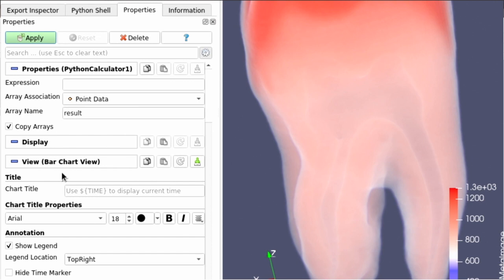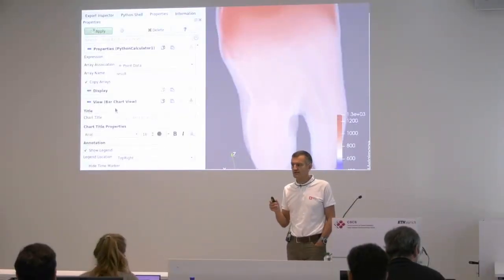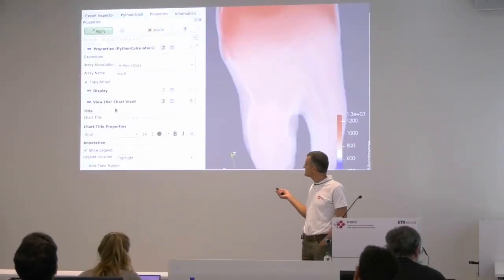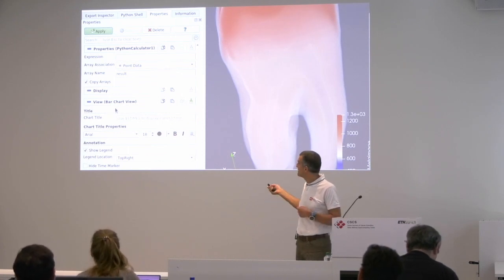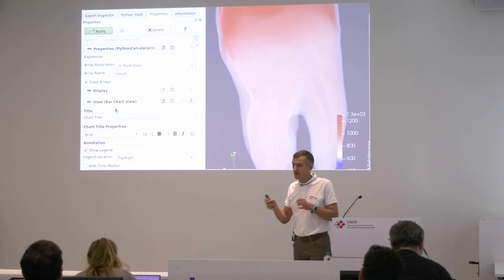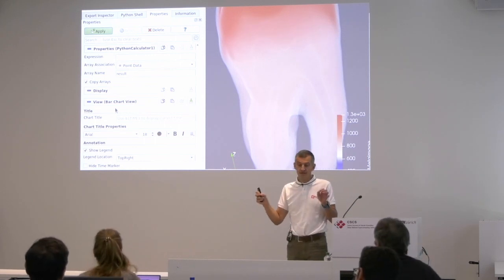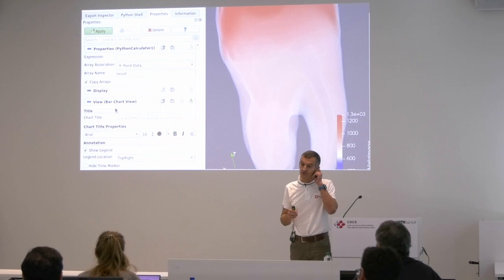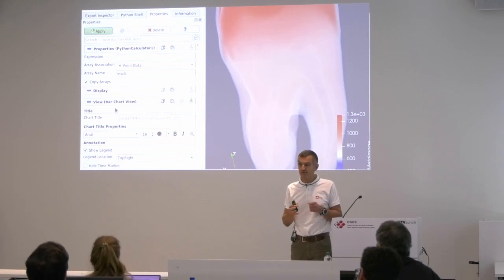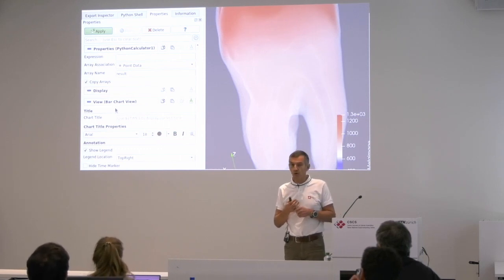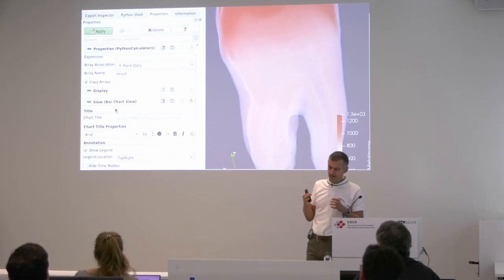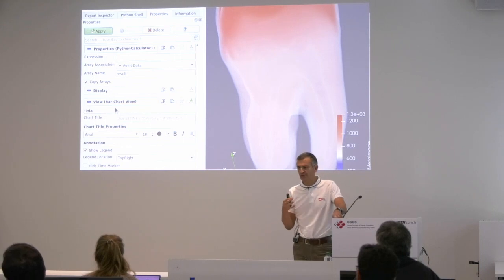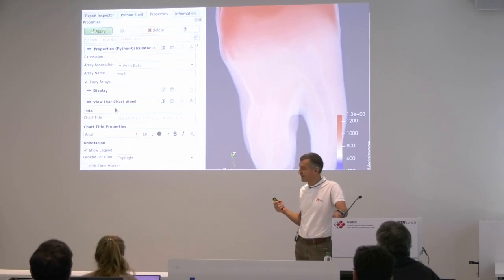You select if you want to operate on the vertices or on the cell data. You select the name of the array that you want to prepare, and then you are free here to write a single expression that can be as complex as you want using all the NumPy functions that you know of and all the algorithms from the NumPy algorithms package of ParaView to define an expression.